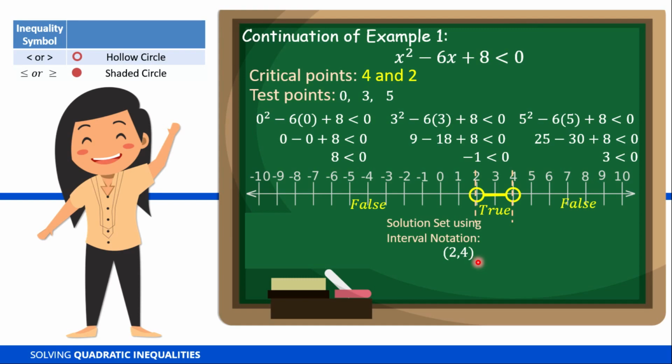Now, isa pang way ng pagsulat ng ating solution set ay using set notation. So, gamit ang set notation, ito yung ating magiging solution set. We have the set of all real numbers x such that x is greater than 2 and less than 4. So, that's it for our first example.